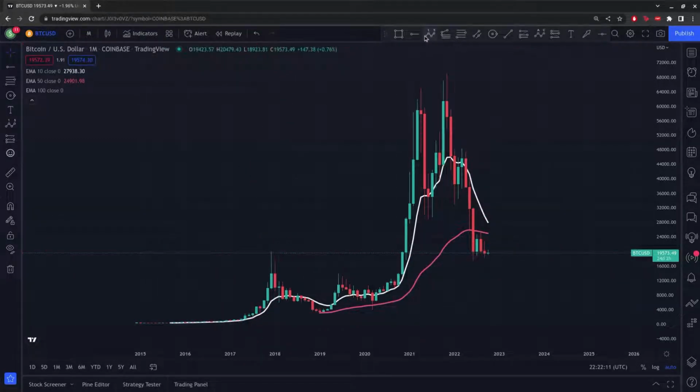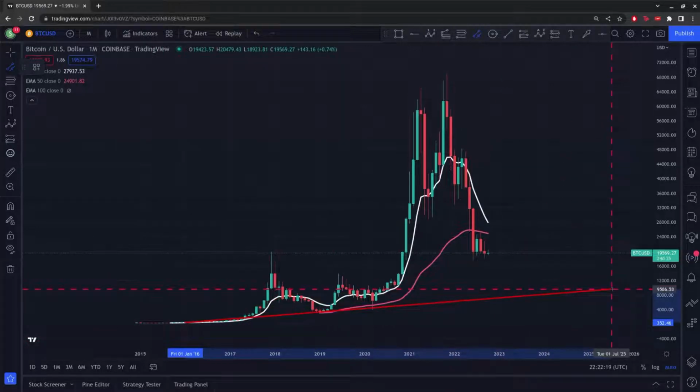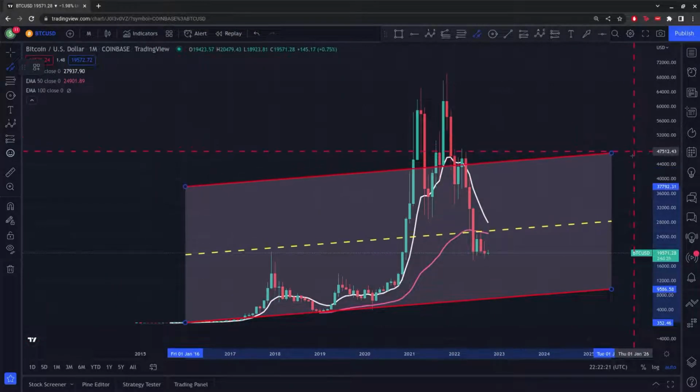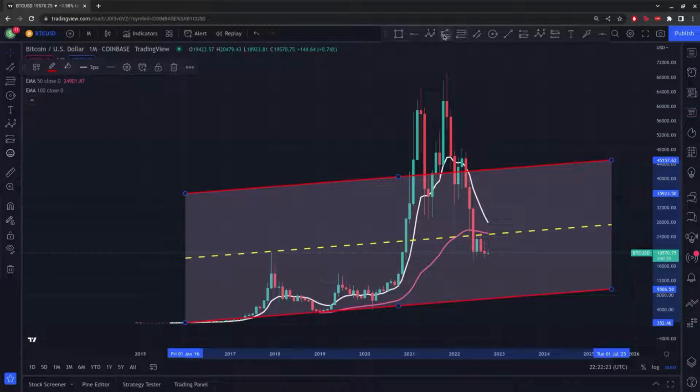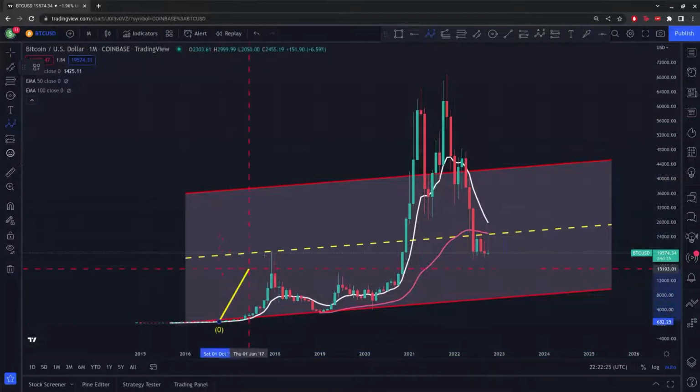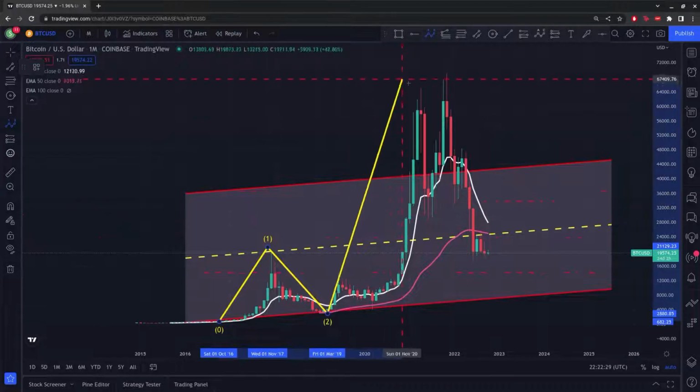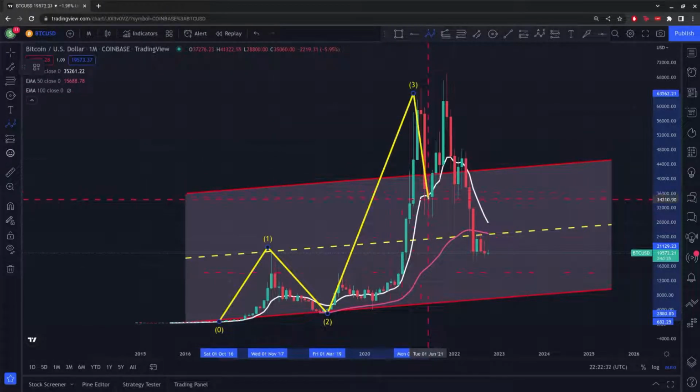So when I have a trending market, it unfolds in a 5-wave pattern. With the aid of my trend channel, I can get the 5-wave pattern. So this is the first wave, the second wave, third wave, a retest, the fourth wave, and the fifth wave.